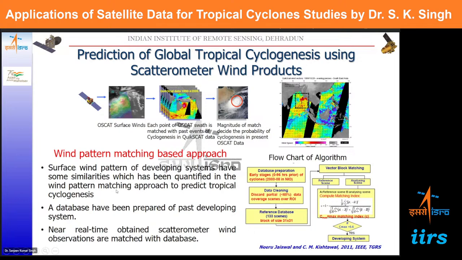Basically, the surface wind patterns of developing systems have some similarity, which has been quantified in the wind pattern matching approach to predict tropical cyclogenesis. A database has been prepared using past developing systems, and once any tropical cyclone forms in real time, they predict the cyclogenesis.